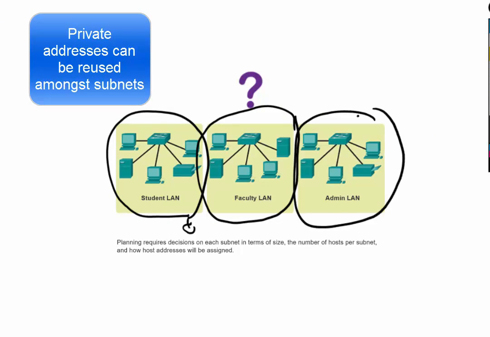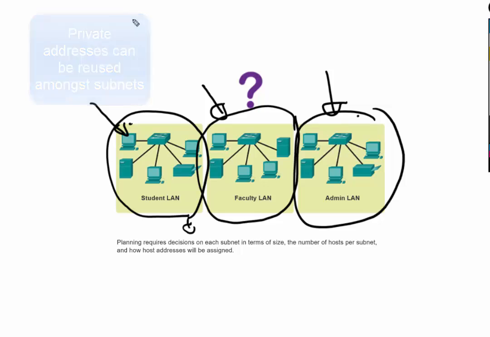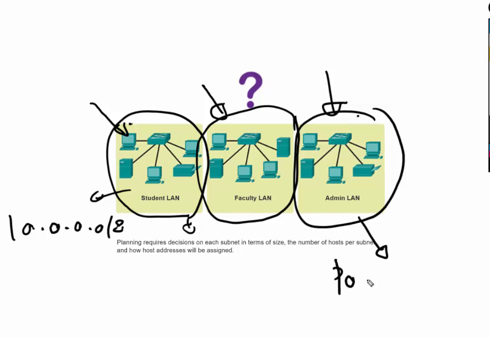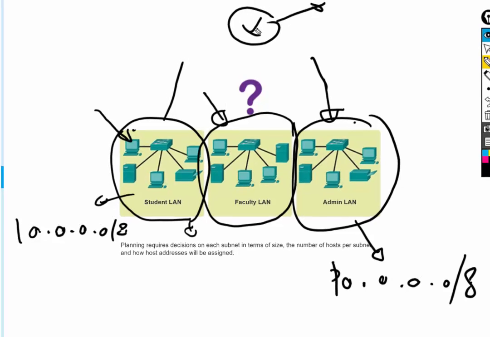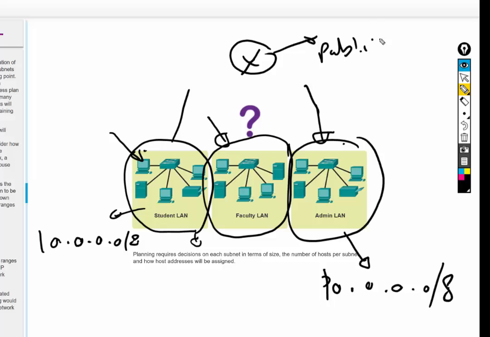As we have discussed before, the private IP address may be actually reused between all these subnets, in which case this subnet may actually use private IP address like 10.0.0.0/8, and also this one can use the same range of IP address, in which case we can reuse these addresses, and when these subnets communicate, they have to use the router, which uses a public IP address to reach to the internet.